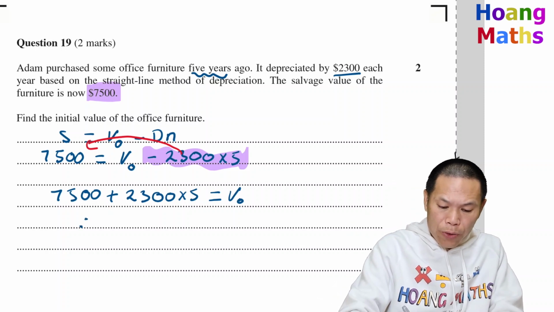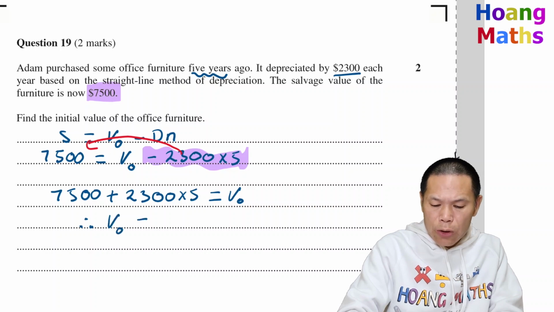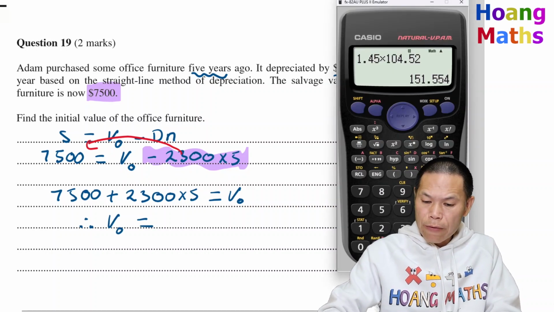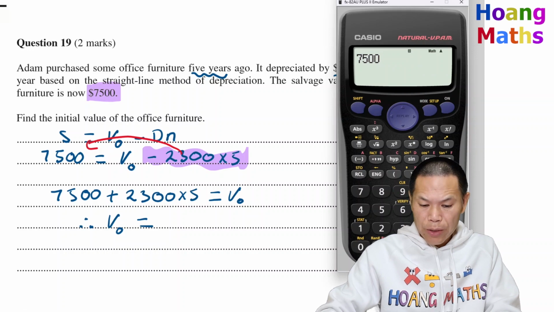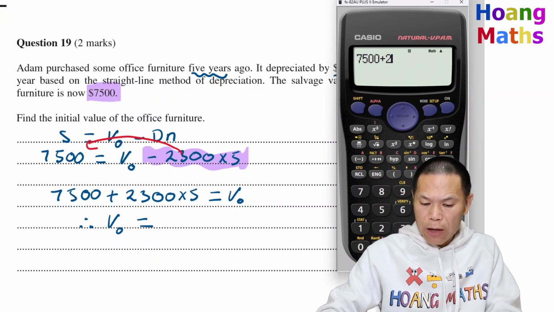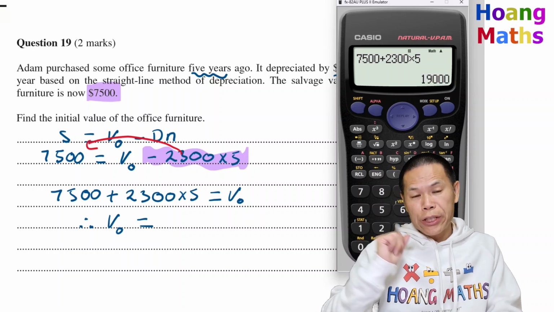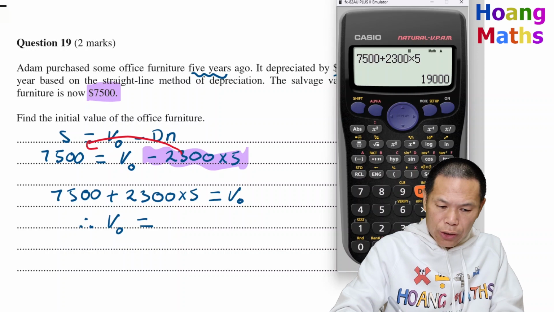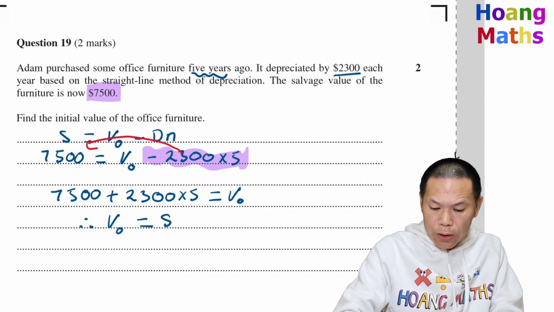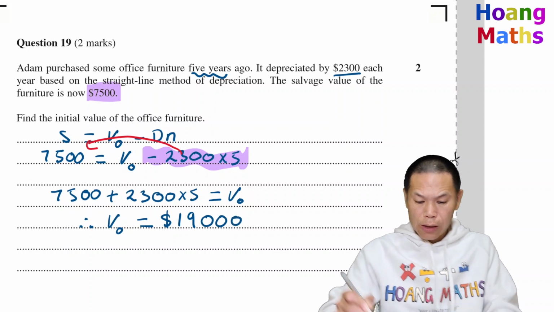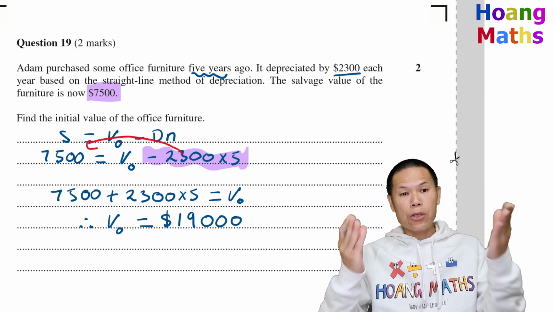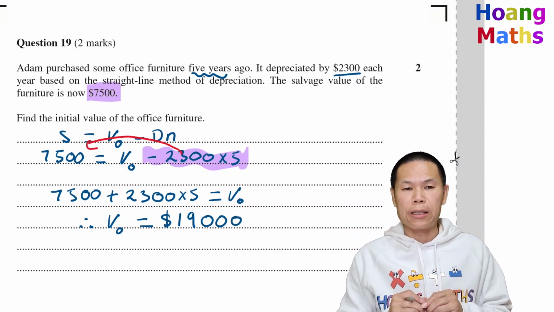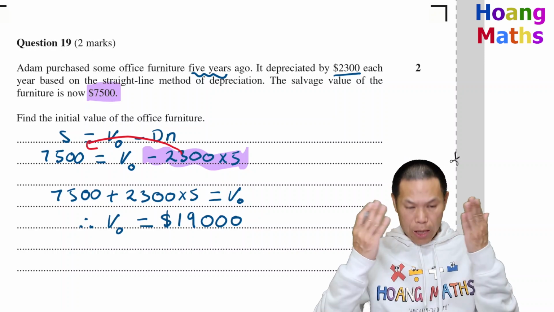So V0 equals 7,500 plus 2,300 times 5. So there you go, $19,000. That is the initial value or purchase price, if you like.